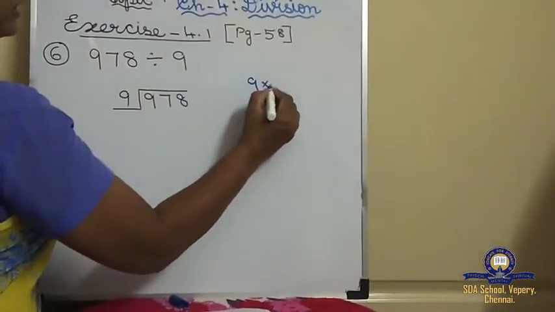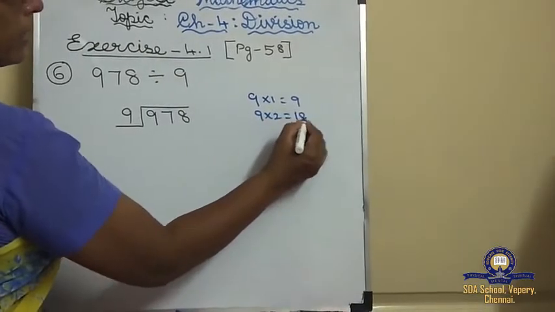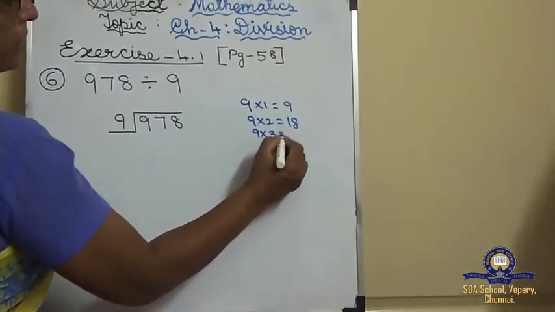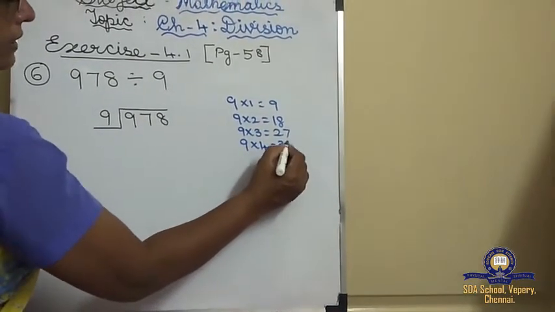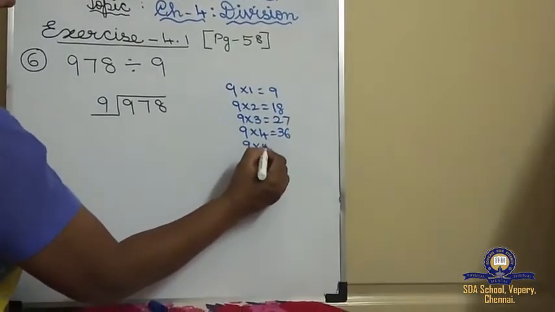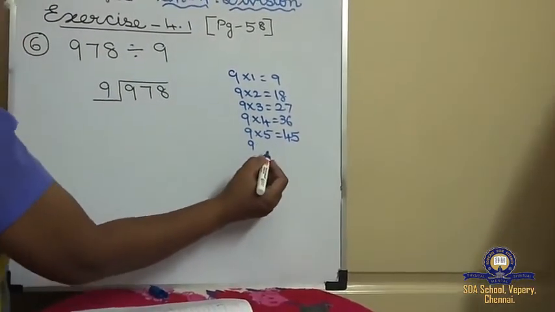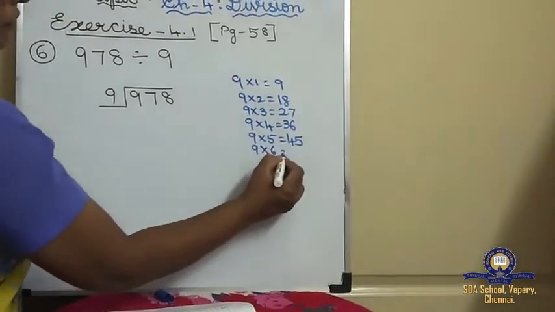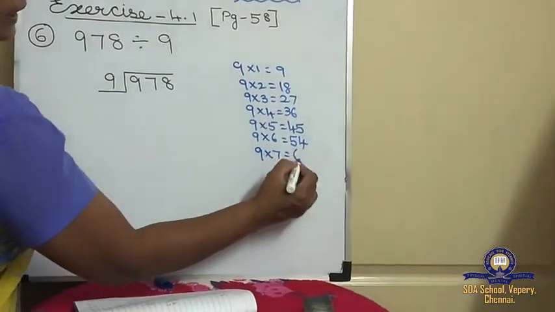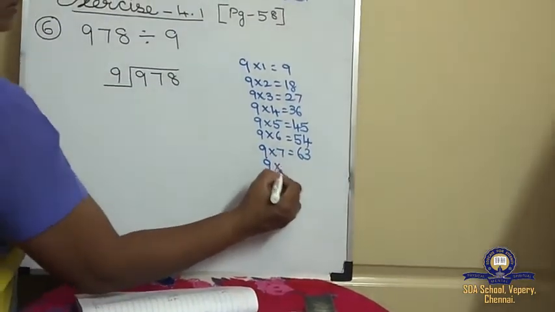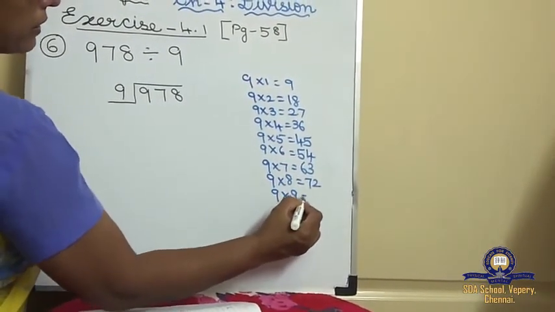So 9 1s are 9, 9 2s are 18, 9 3s are 27, 9 4s are 36, 9 5s are 45, 9 6s are 54, 9 7s are 63, 9 8s are 72, and 9 9s are 81.